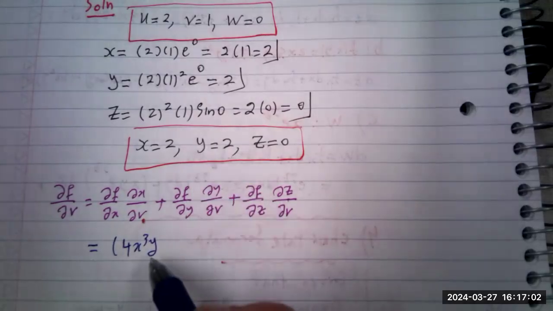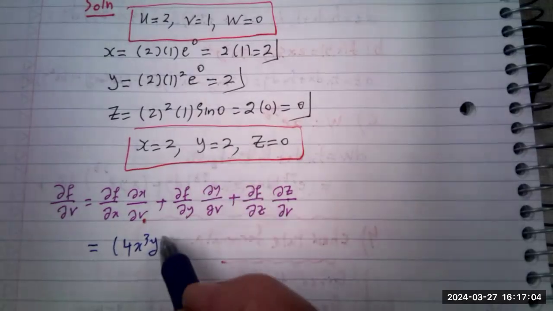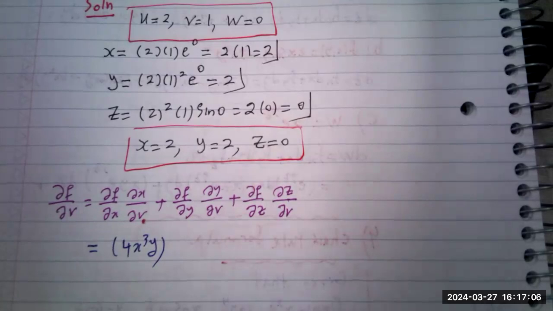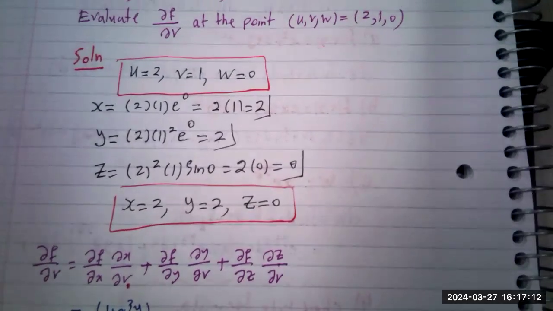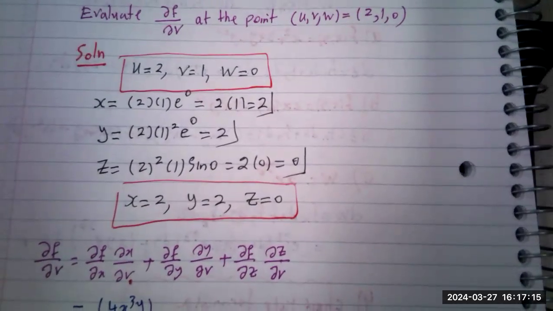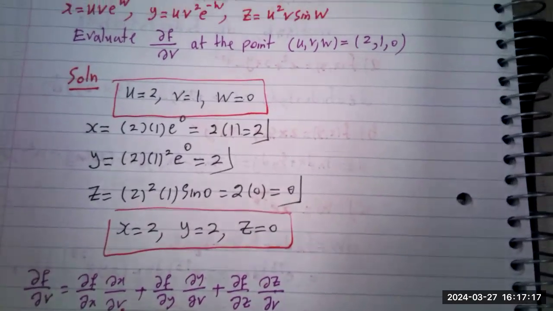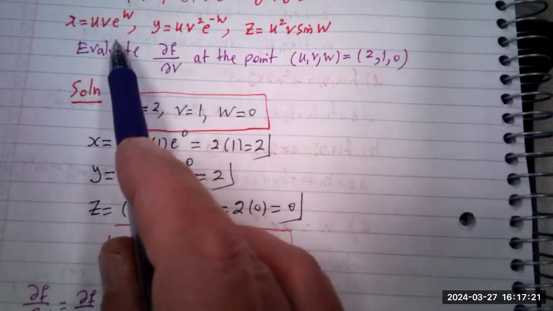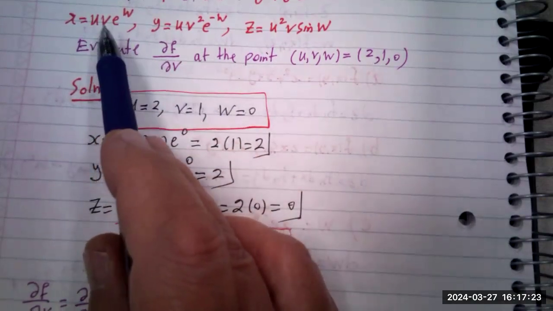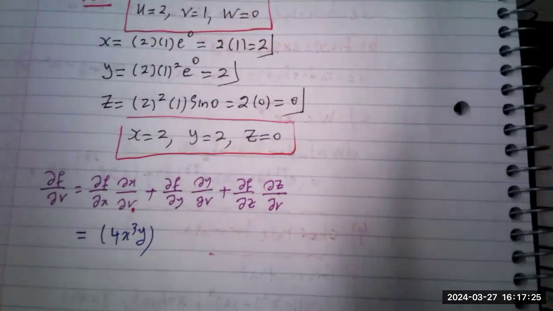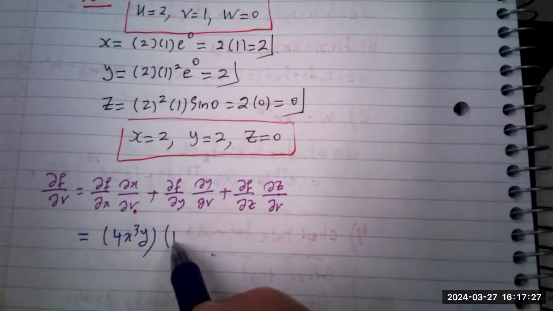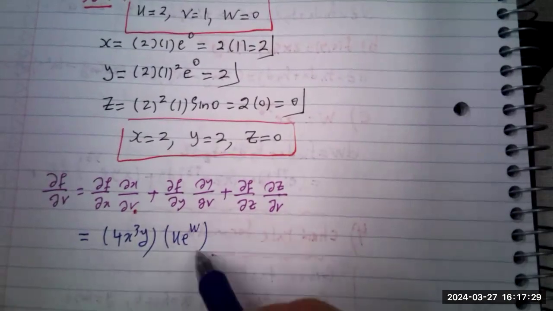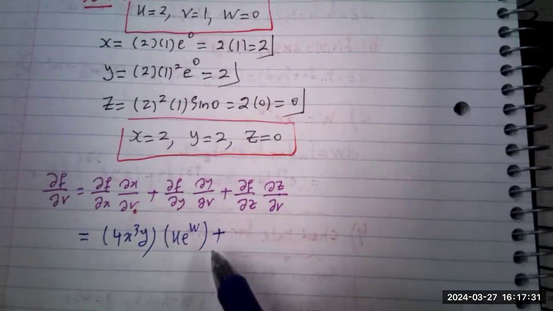So that's going to be 4x cubed y, times x with respect to v. X with respect to v would be just v is 1, so u e to the w. That's the first one.